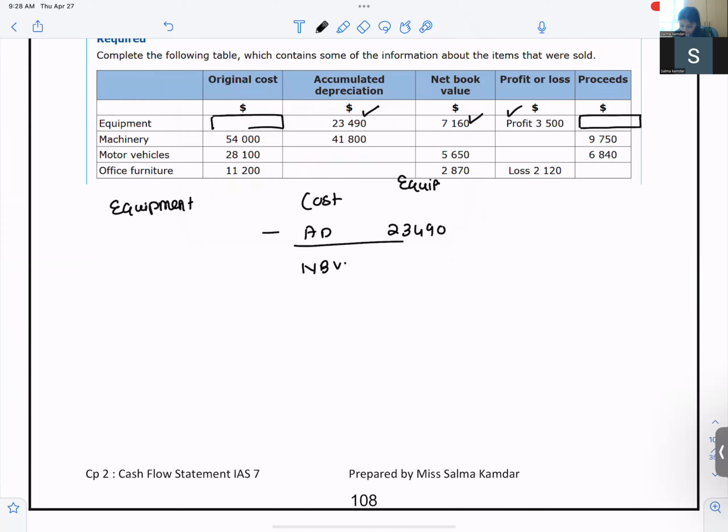I know the accumulated depreciation. The net book value is 7160. So the cost would be 7160 plus 23,490. So the cost will be 30,650. Okay.